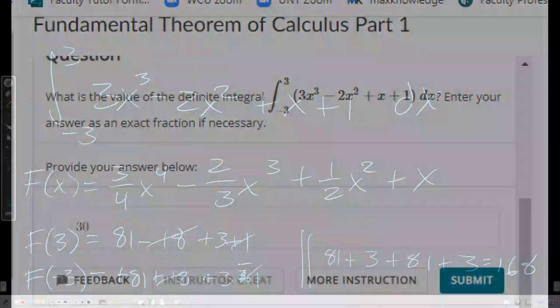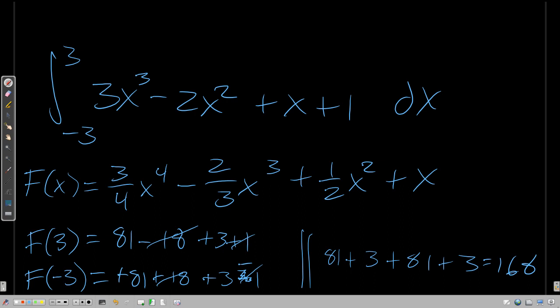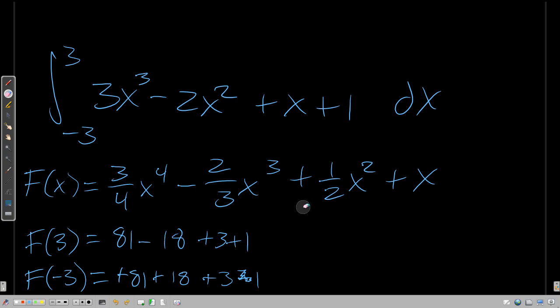Okay, well, let me back up. So, fundamental theorem of calculus problems, where does it usually go wrong? Down here. So, let me just make sure I didn't do something dumb. Let's check this, then I'll check my antiderivative first. So 3/4 x to the 4th minus 2/3 x cubed plus 1/2 x squared plus x.